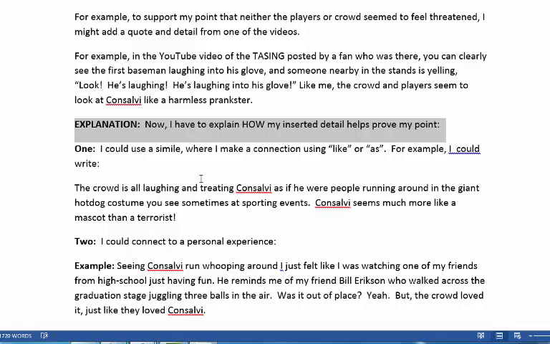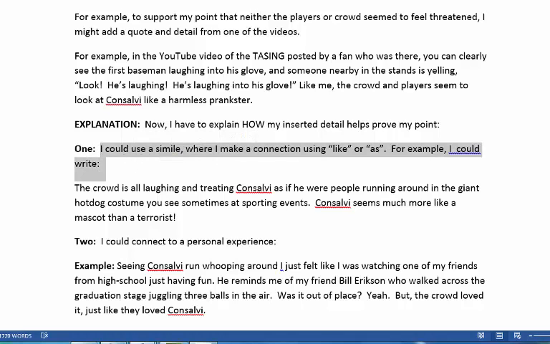For example, there's really an infinite number of ways you can explain something. I'm just going to give you four or so right here. One thing you could do to explain in a PIES paragraph is to make a connection using "like" or "as." That's called a simile.